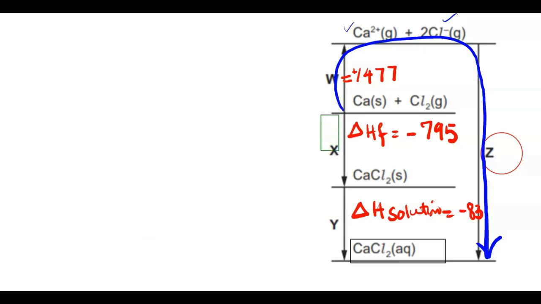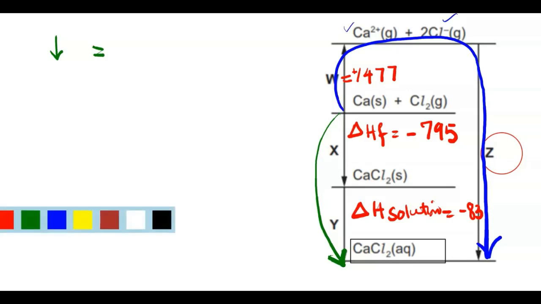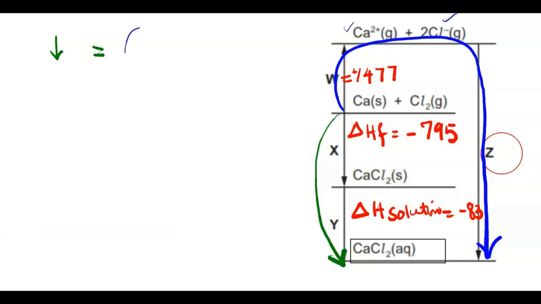this way. So we have two ways to reach calcium chloride. So we will apply Hess's law. This green pathway is equal to this blue pathway, right?